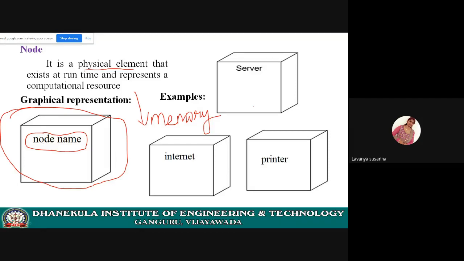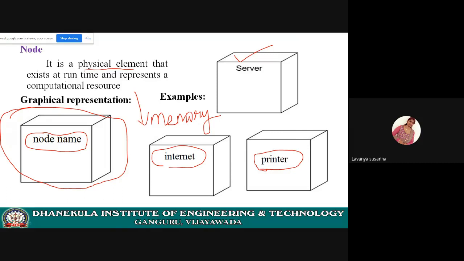Let us see some of the nodes. Server is a node which has some processing power and memory. Internet is a node. Printer is a node which has some memory and also processing power. I hope you understood node, which will have some memory and processing power.